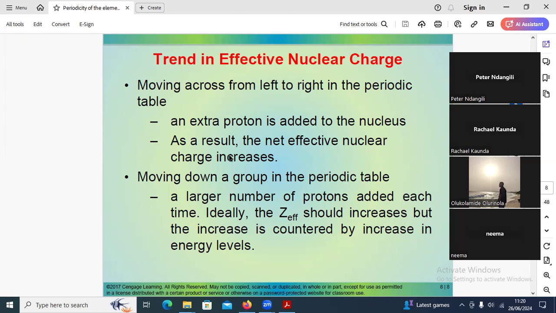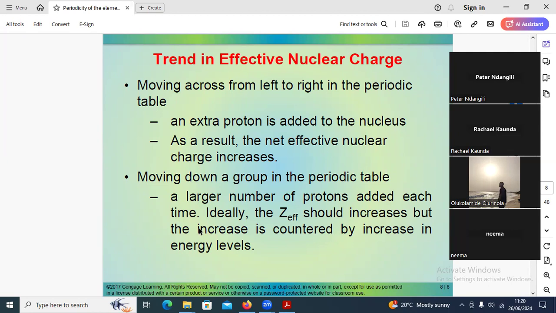What happens to the effective nuclear charge as you move down a group? As you move down a group, the effective nuclear charge decreases. Why does it decrease? Although down a group you have an increase in the number of protons, an increase in the atomic number, that increase is countered by an increase in the energy levels.